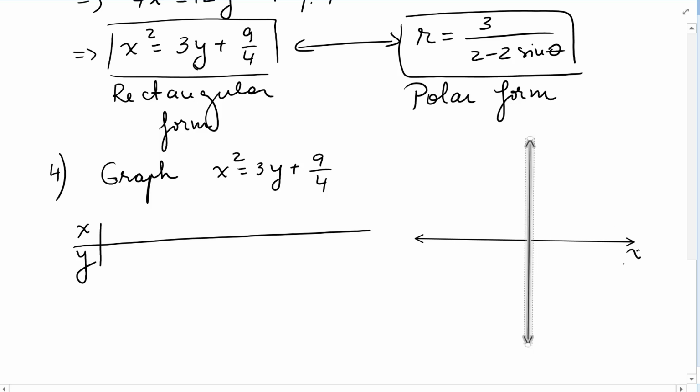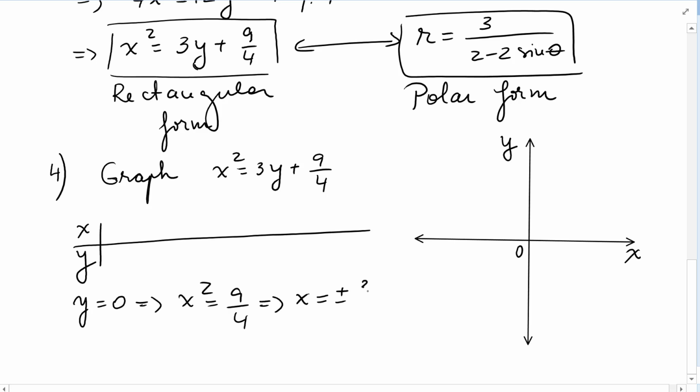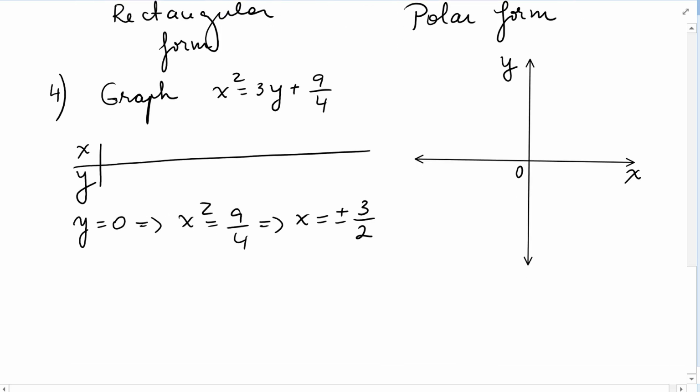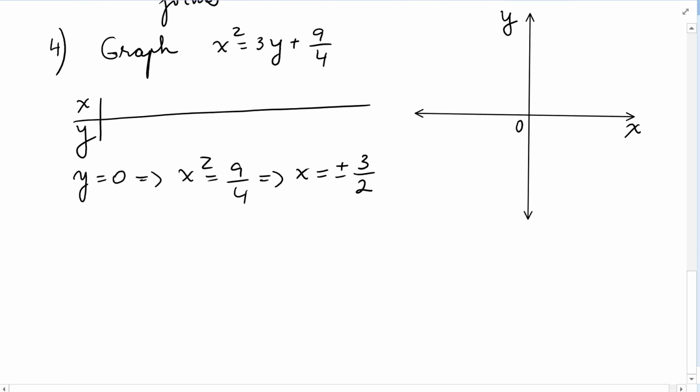If y is 0, we get x squared equals 9 over 4, which means x equals plus or minus 3 over 2. Don't forget, there are two numbers there. So negative 3 over 2 produces 0 for y, and positive 3 over 2 produces 0 for y.